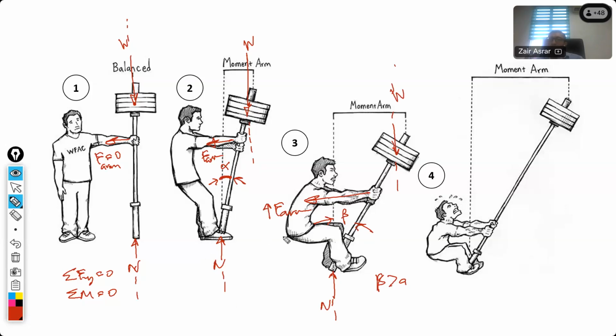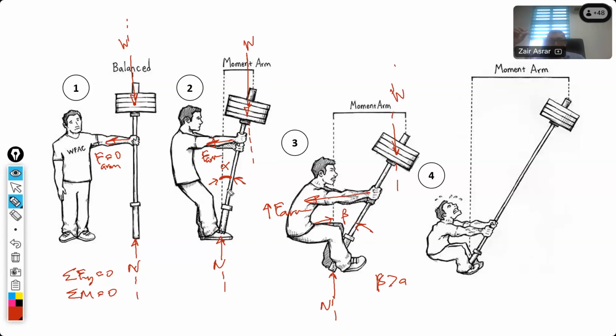So why do you need to apply a larger force? Because in this case, the moment is higher. Some people also call this the moment arm getting bigger. And since the moment arm is getting bigger, the moment generated is getting bigger as well. So this is one way of doing this, increasing the angle, so the moment arm is increasing.